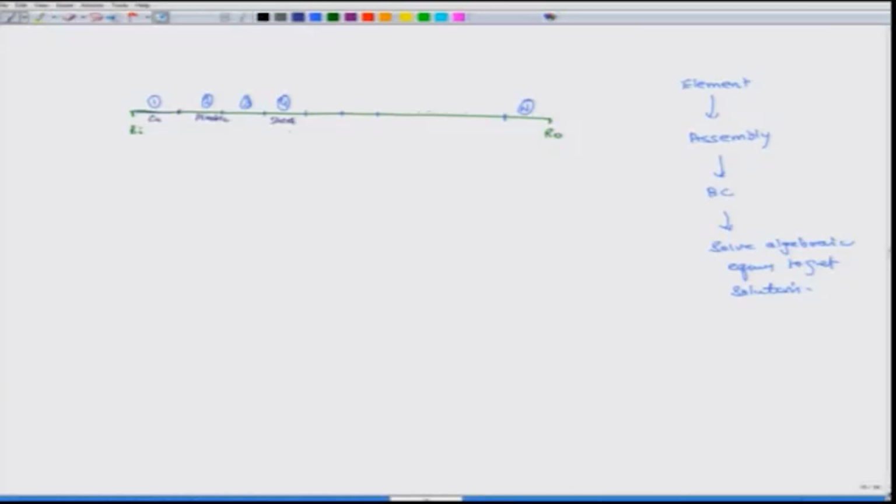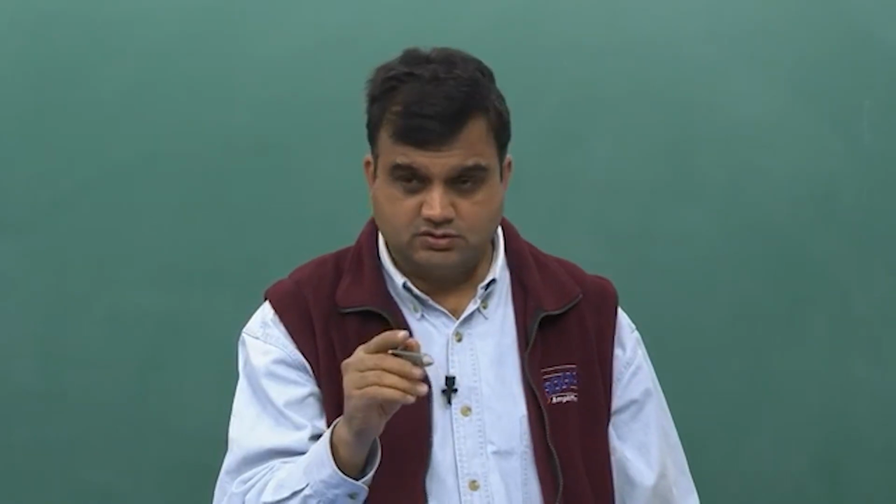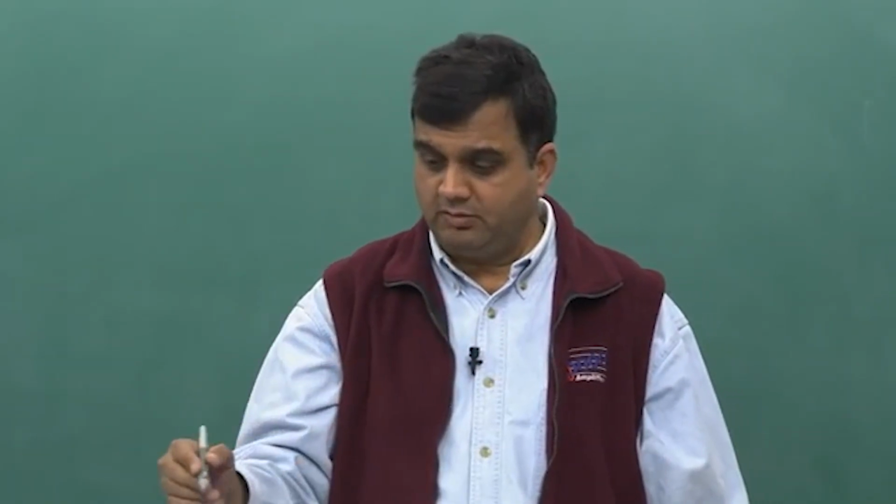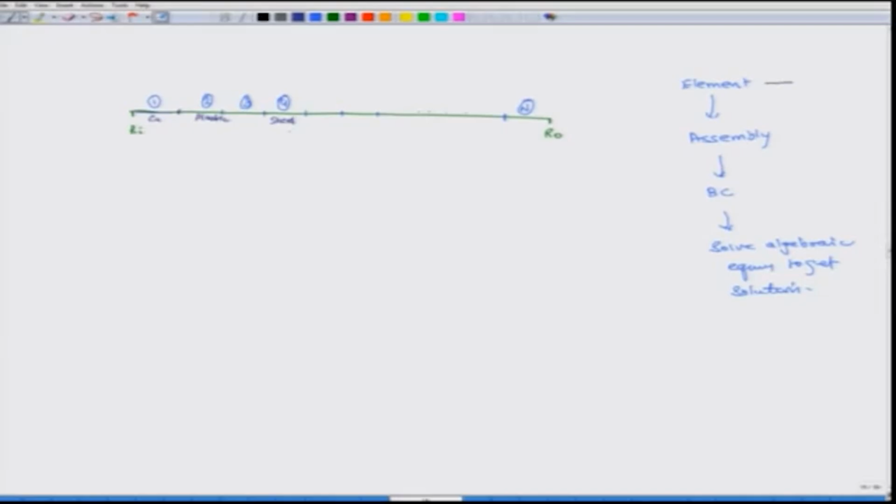So when you are developing element level equations for this, you will put in the value of k as that of copper. So for the first 5 elements you are doing element level equations such that the value of k is that of copper. Then the next 3 elements, if they are of plastic, you use plastic material. Then maybe the next 4 elements are made of steel, then you use steel's property. Okay.